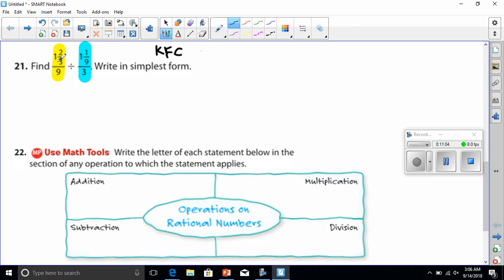The first one is, again, we have 1 2/3, right? So we'd have to turn that into an improper fraction. 3 times 1 is 3. 3 plus 2 is 5. So our first one is simply 5 over 3.